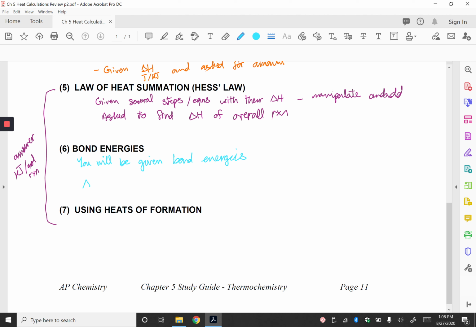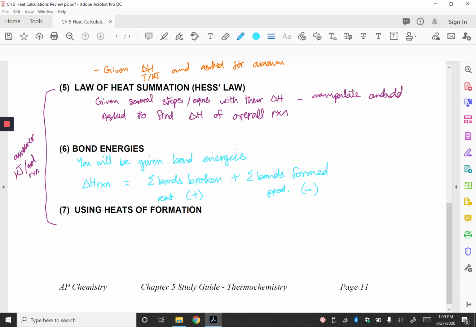And so you'd say delta H of the reaction is the sum of the bonds broken plus the sum of the bonds formed. In your table of bond energies, the bonds that are broken take energy, so you're going to get positive values, and these are for the reactants. The bonds formed are for the products, and you'd use the negative values because it releases energy when you form a bond.